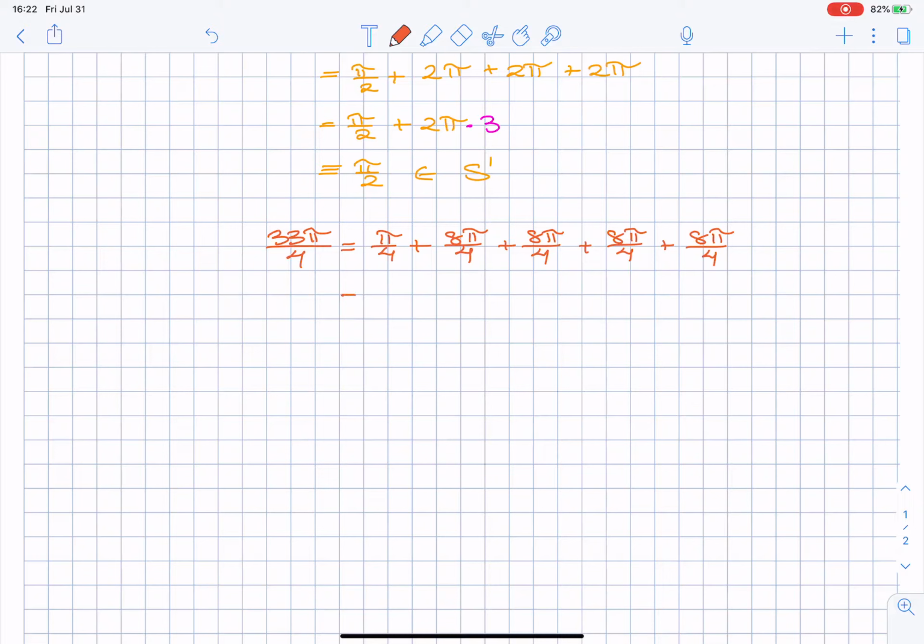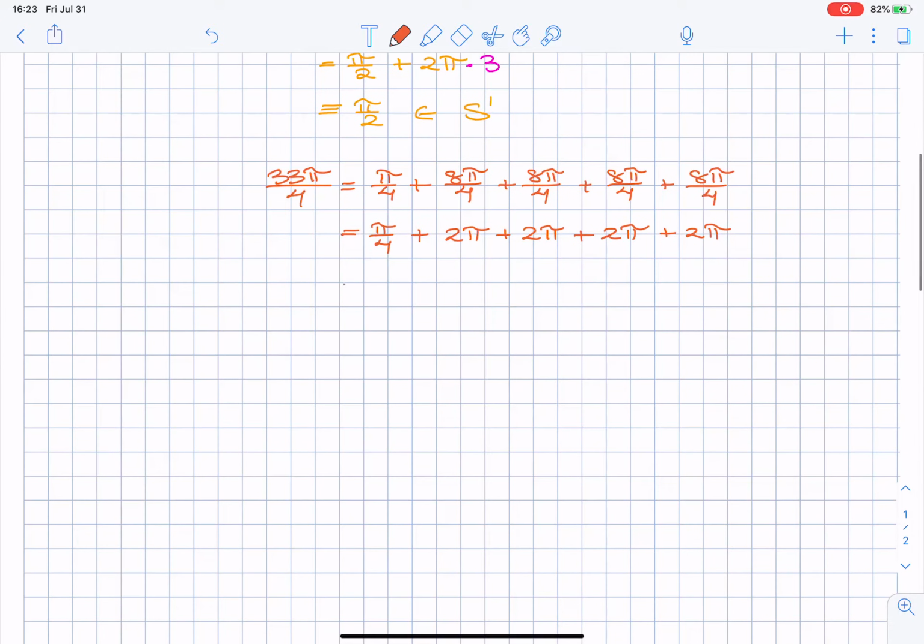So I can write this as pi over 4 plus 2 pi, a full revolution, plus 2 pi, plus 2 pi, plus 2 pi.